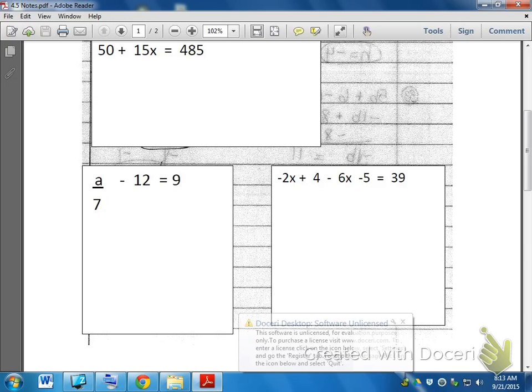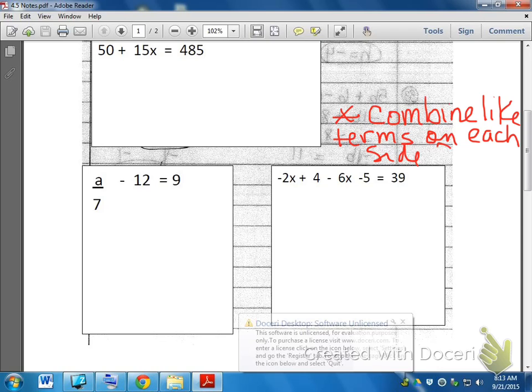Okay, so what I need to maybe make a little note off to the side: you always combine like terms on each side first. So combine like terms on each side first.